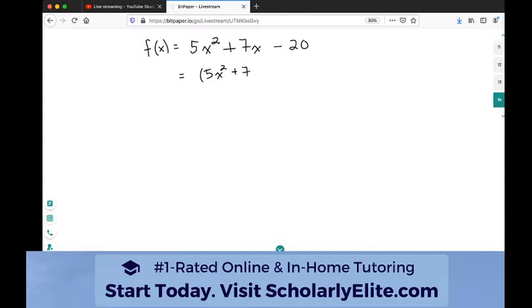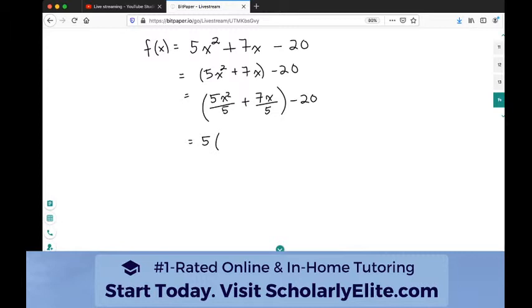And again, we're solving for vertex form. So I've exiled my C term, and now I want to divide out the A term. So in this step, I'm going to show that: 5x squared divided by 5 plus 7x divided by 5 minus 20. It's very important to remember that you're not going to put a decimal here. You're going to leave it as a fraction. So it's going to look like this in the end.